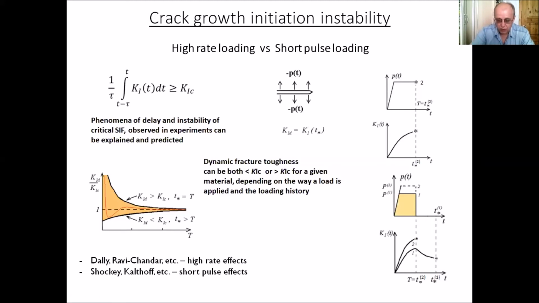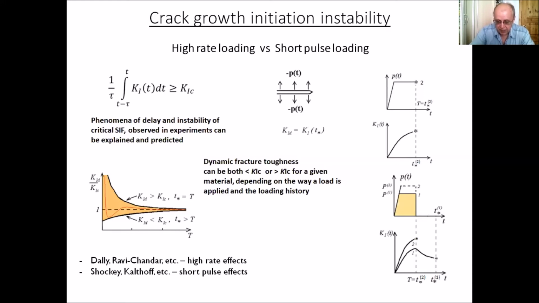And my question to you is, will the fracture event still occur if I decrease this amplitude from case 2 to case 1? The answer is yes, and we still will have a fracture.